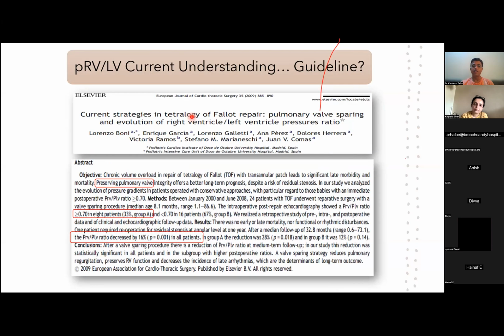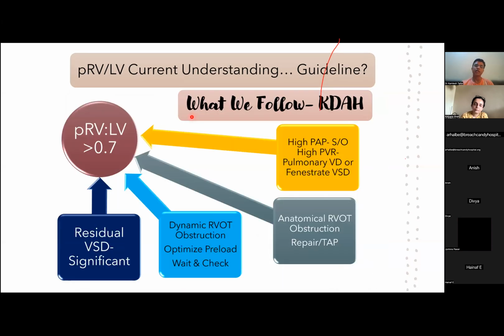So PRV/PLV is a ratio which, after tetralogy correction, should be less than 0.7. If PRV/PLV is more than 0.7, one should find out what the problems are.